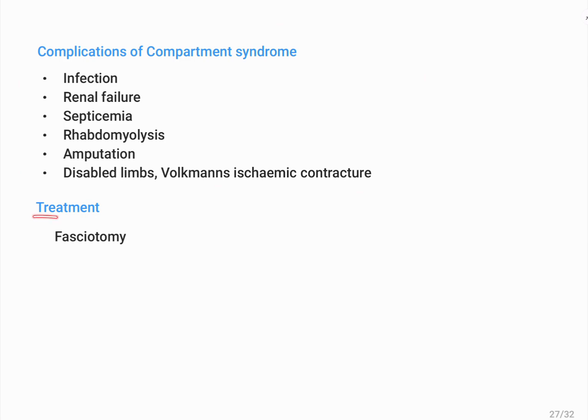Now, when we come to the treatment part, the fasciotomy is a major treatment in case of compartment syndrome. Fasciotomy is done while suturing any wound to avoid the compartment syndrome by relieving the pressure around the muscle by removing the complete fascia, the deep fascia which is present around the muscle.